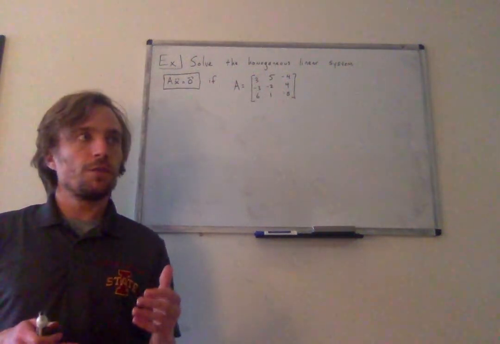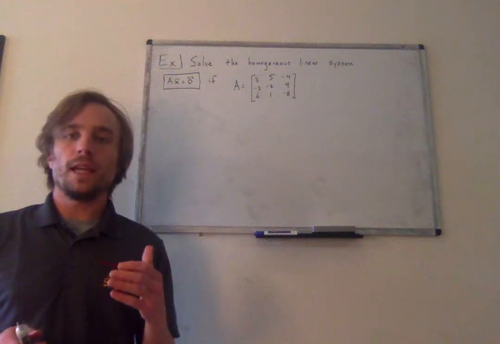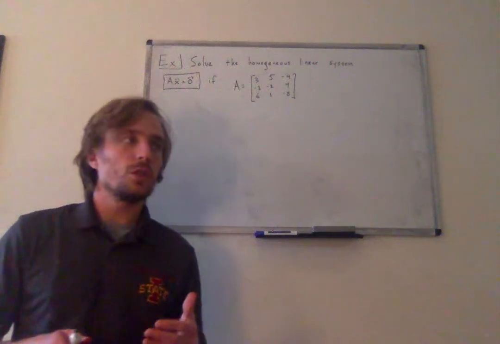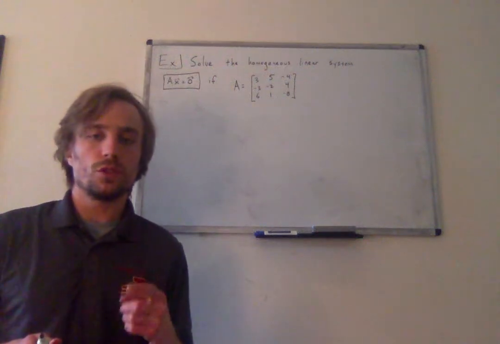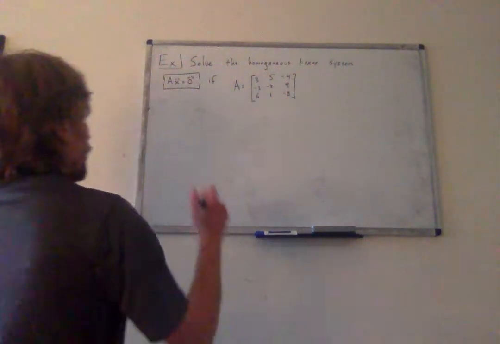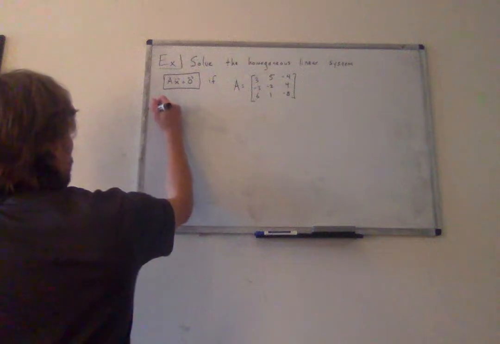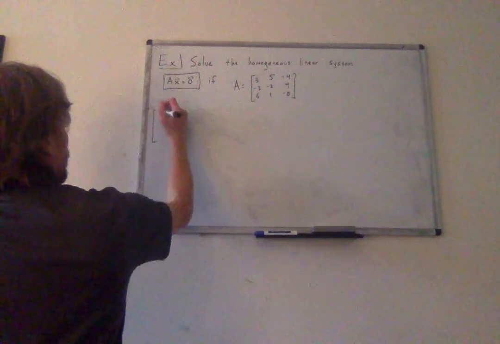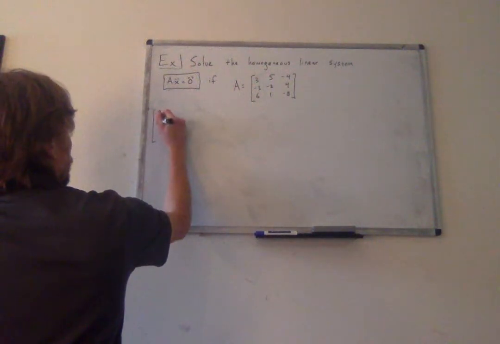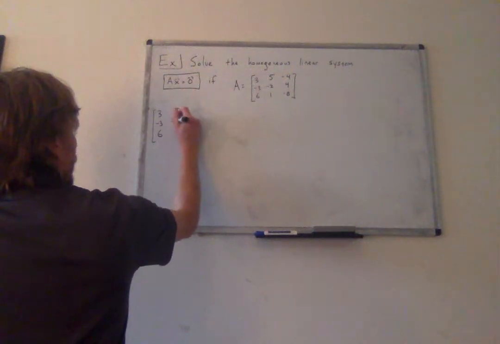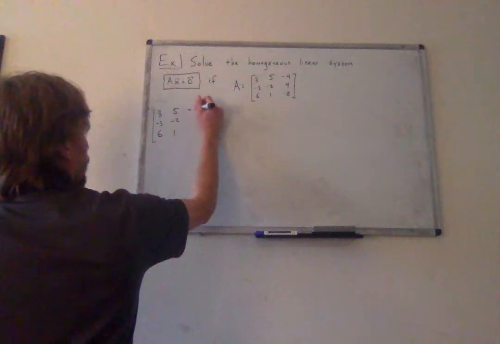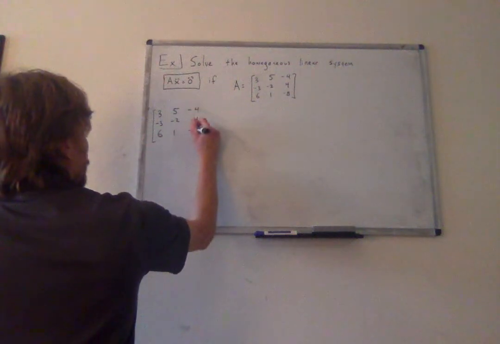I want to instead focus on a way we can describe solutions to homogeneous linear systems in the case that they have a non-trivial solution. So remember that a homogeneous linear system has a non-trivial solution when there is a free variable.